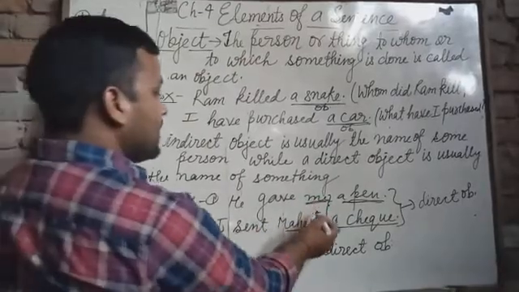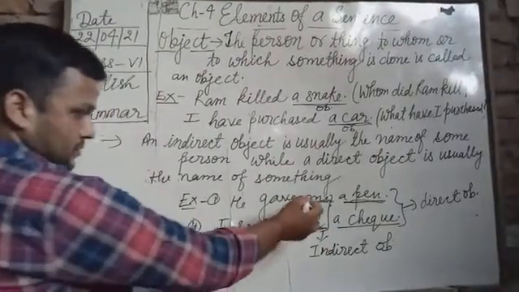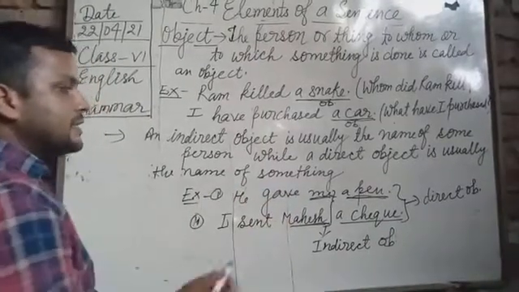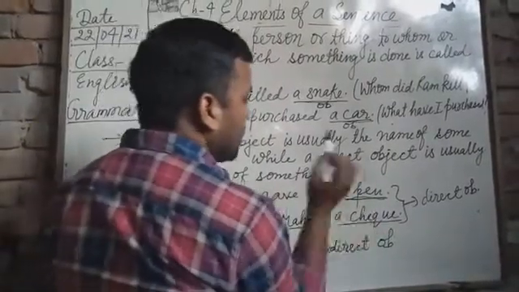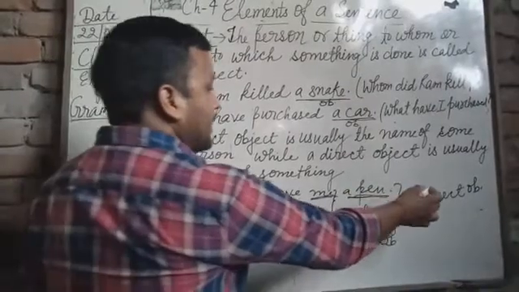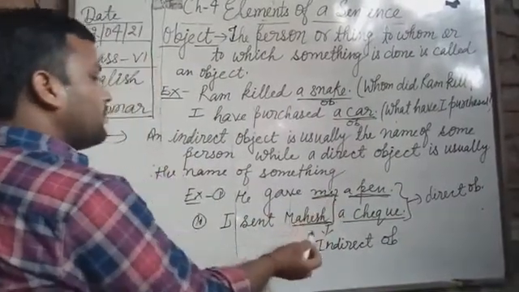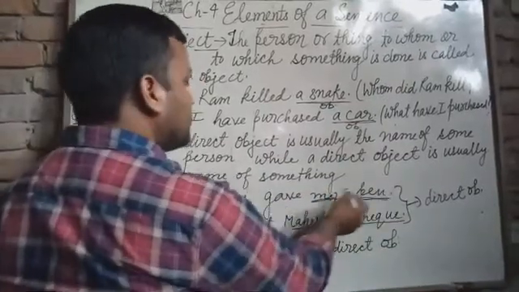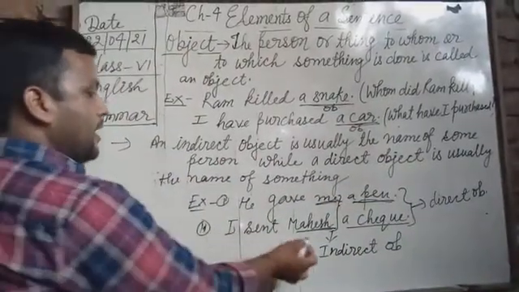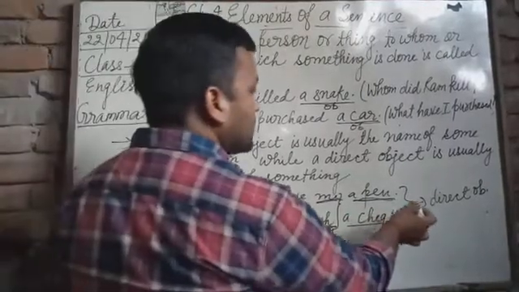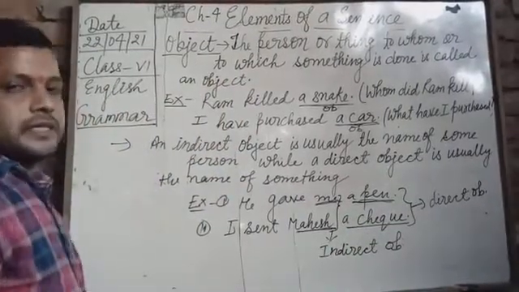So me and Mahesh are indirect objects, and a pen and a check are direct objects.